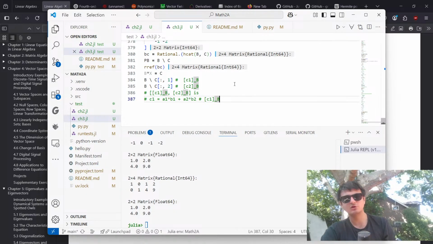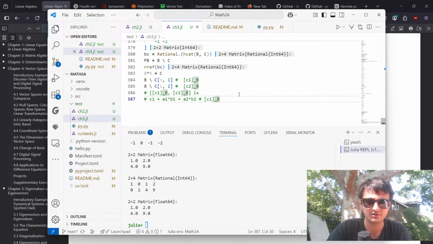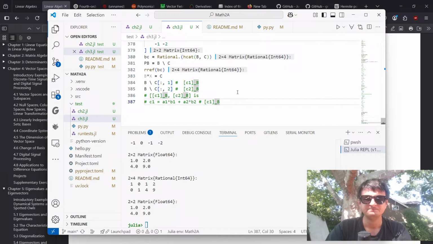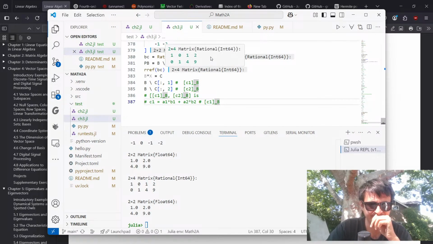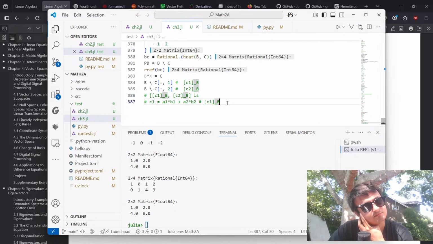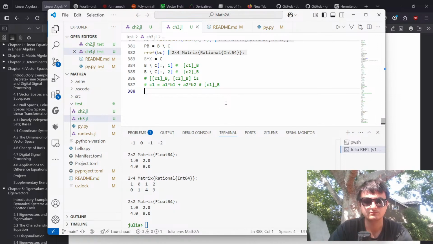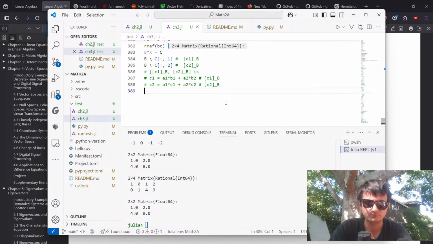But why is this so confusing? I always... So if I have this matrix... wait, this isn't right.